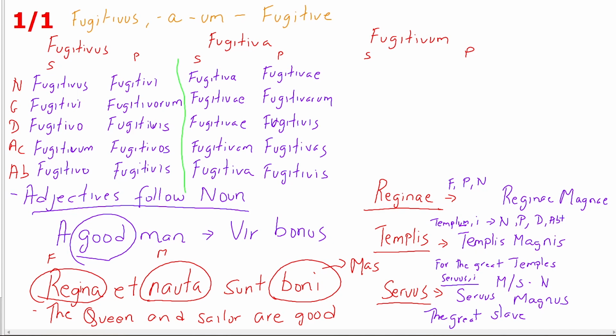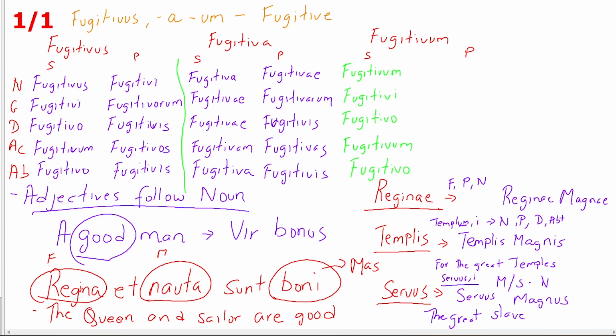Okay, and when it comes to the neuter, Ashish, neuter nominative singular would be fugitivum, genitive singular fugitivi, then fugitivo, accusative fugitivum, and ablative fugitivo.